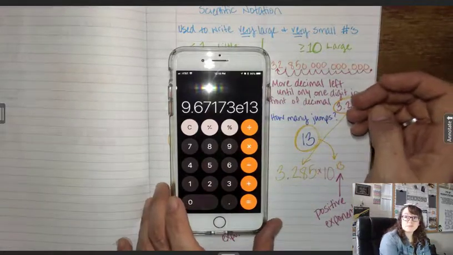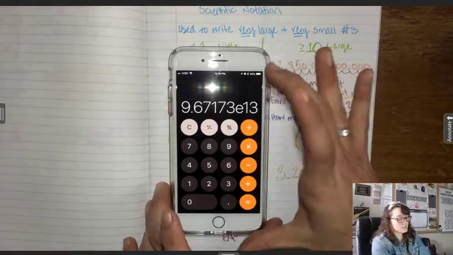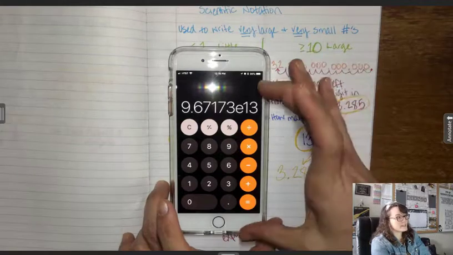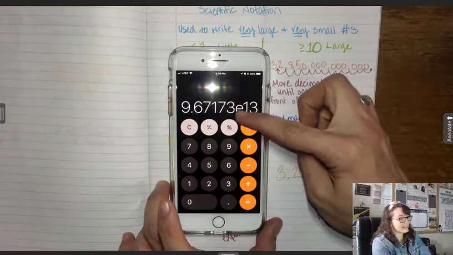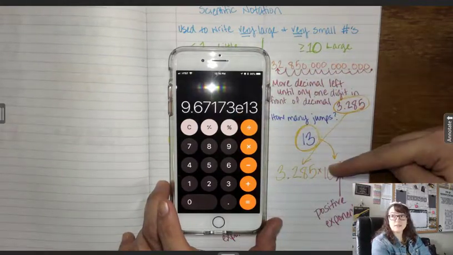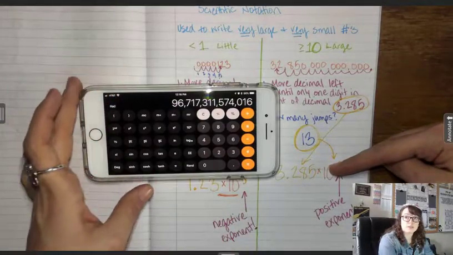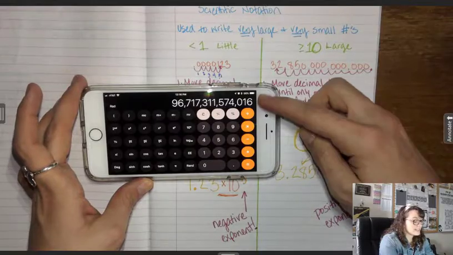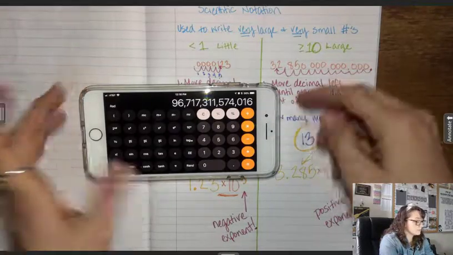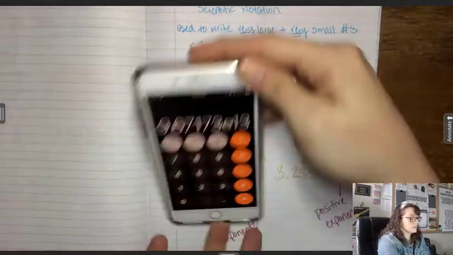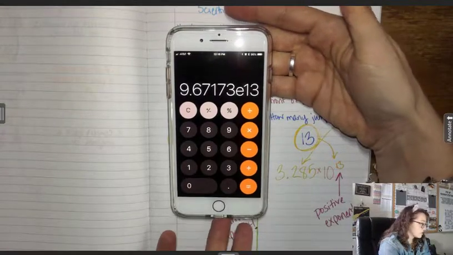So we've got this one. This is scientific notation. That E means times 10. If you turn it this way, that's the whole number. So this is standard form. That's scientific notation, more or less.